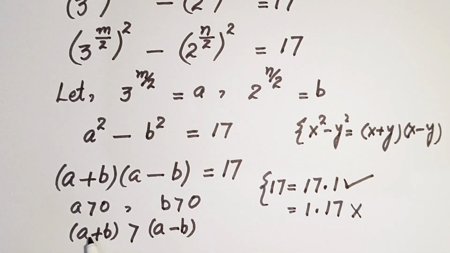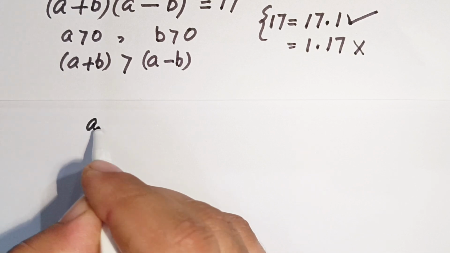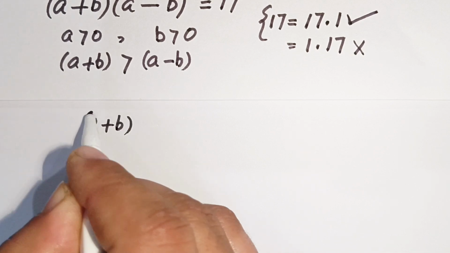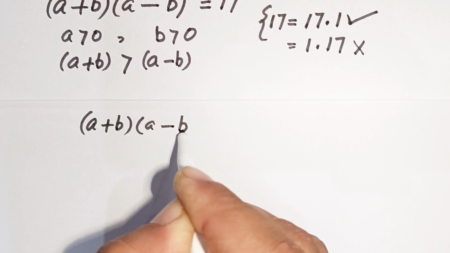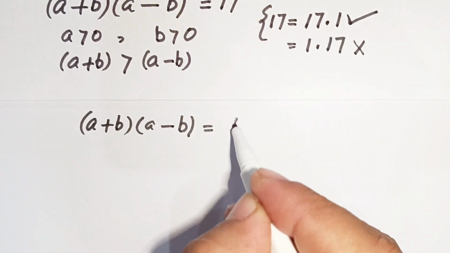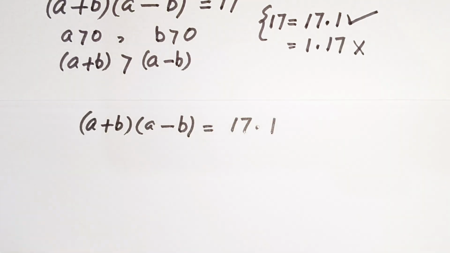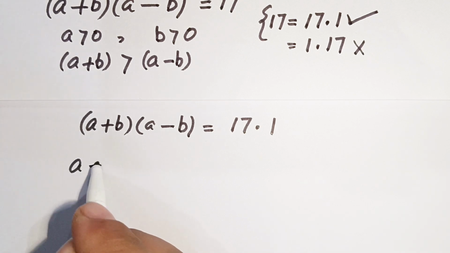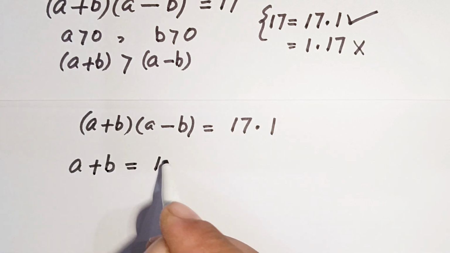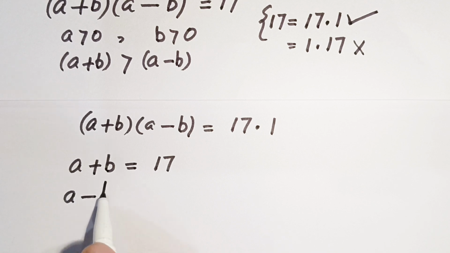So a plus b is the greater factor, 17, and a minus b is the smaller factor, 1. So a plus b is equal to 17 and a minus b is equal to 1.